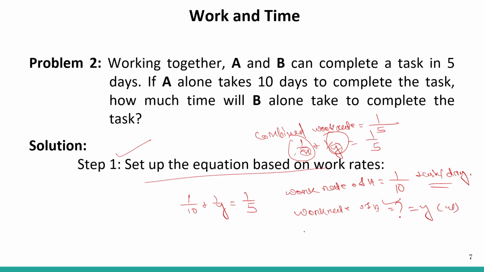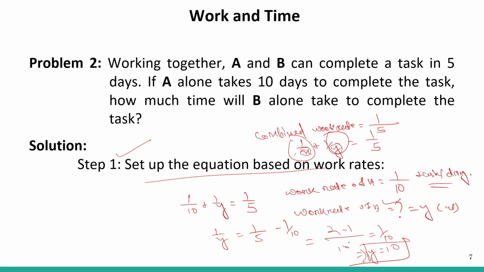So this is given. So 1 by y is equal to 1 by 5 minus 1 by 10, which is equal to, with common denominator 10, 2 minus 1 over 10, that is 1 by 10. So this implies that y will also take 10 days to complete that work.